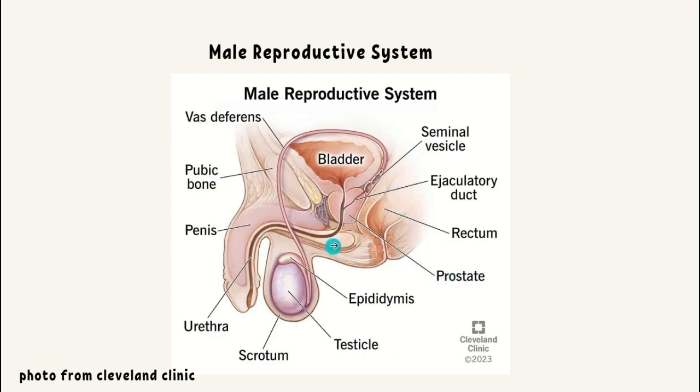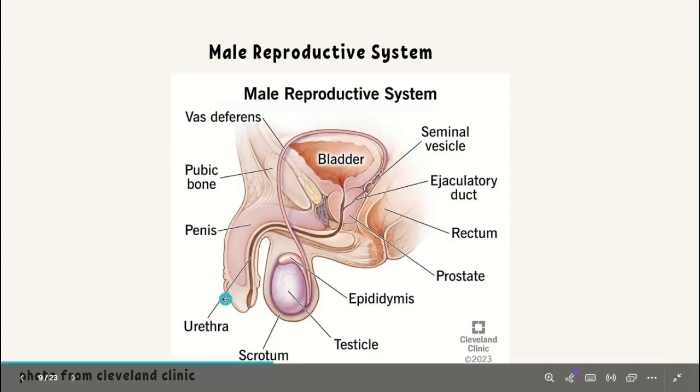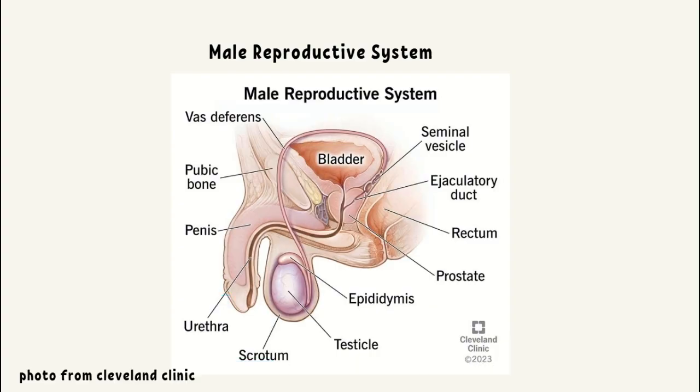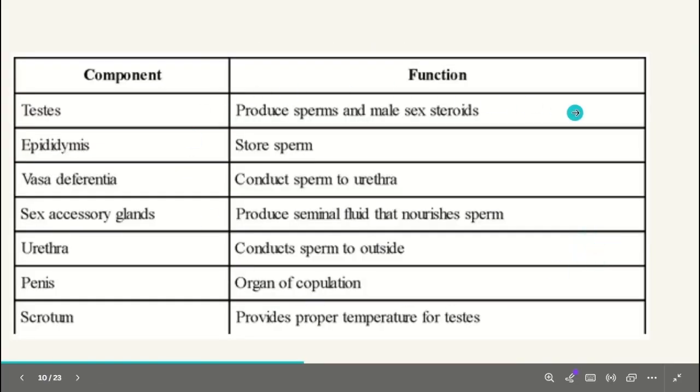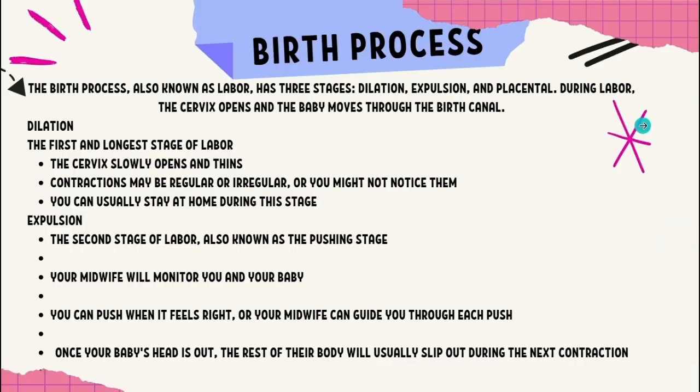We're saying that the prostate adds fluid to the semen right here, and the scrotum is just a sack of skin that holds the testes and helps to regulate its temperature, right? And then this is pretty much self-explanatory, right? It's basically the opening where urine, semen, everything passes through the penis. So basically those are the functions, and then now the birth process.